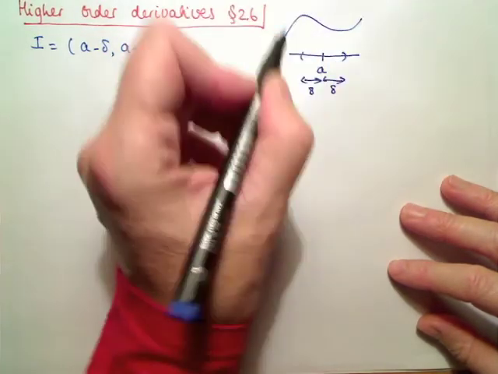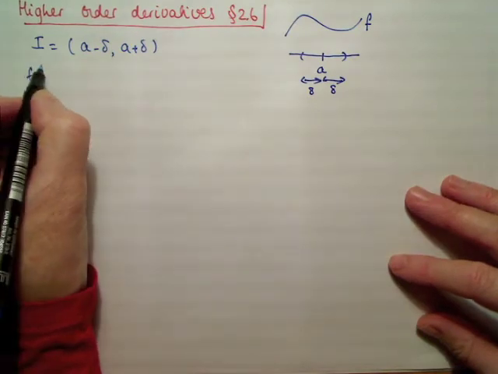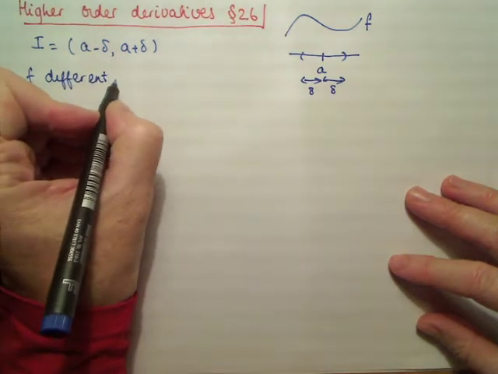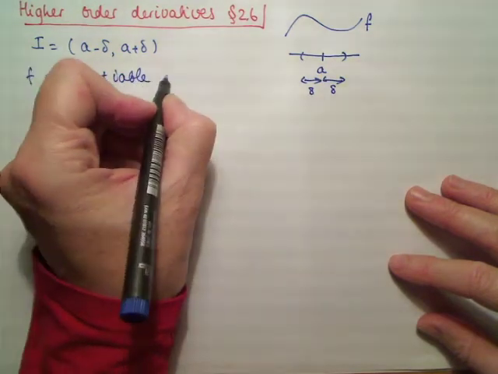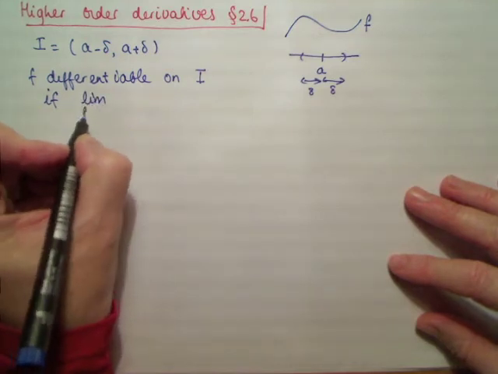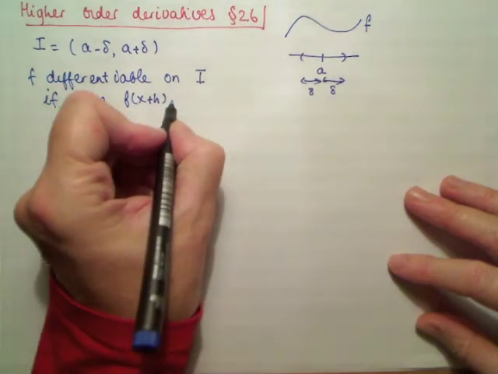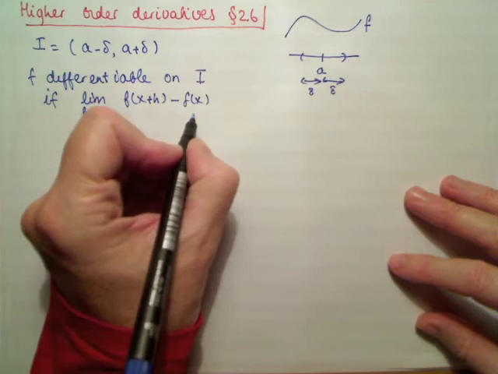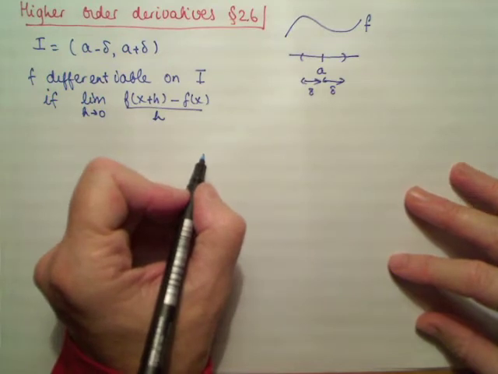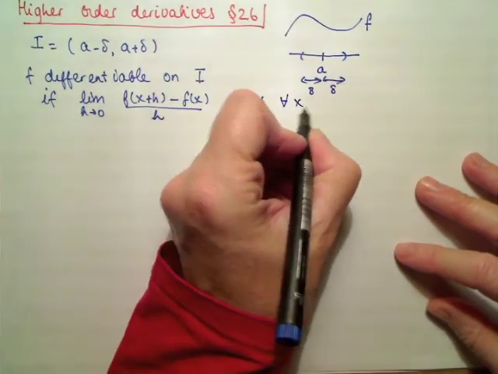and say we have some function f. Now you know that this function f is differentiable on the interval I if the following holds: if the limit for h to 0 of the function value at point x plus h minus the function value at point x, so the difference in output divided by the difference in input, if this limit exists for all points x in the interval.